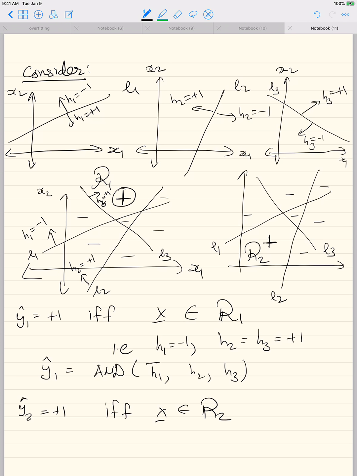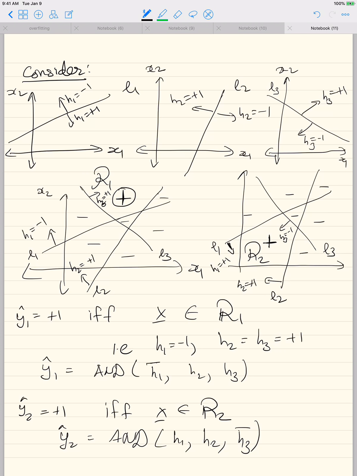So you can again see easily that R2 corresponds to h1 equals +1, h2 equals +1, and h3 equals -1. So we can set y2 hat to be the AND of h1, h2 and not h3 in this example. So we can handle one region where the label is plus using the AND function.